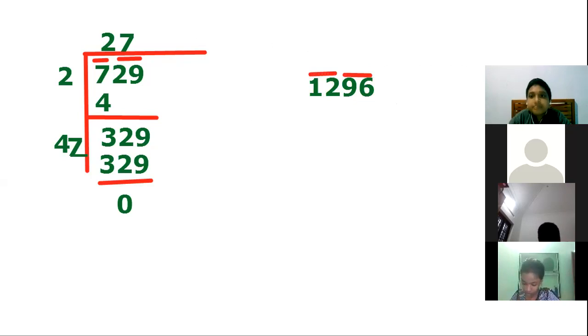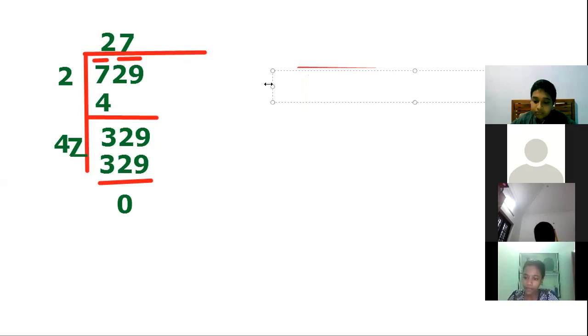Okay. Then after pairing, what do we have to do here? We just have to find the two square numbers between which 12 lies. 12 lies between 9 and 16. 9 and 16 are the two square numbers between which 12 lies.